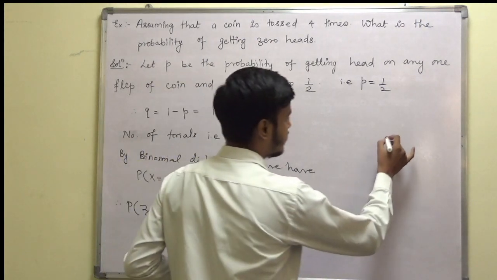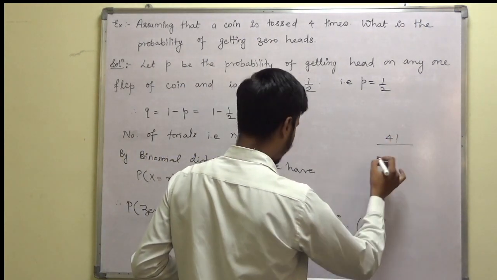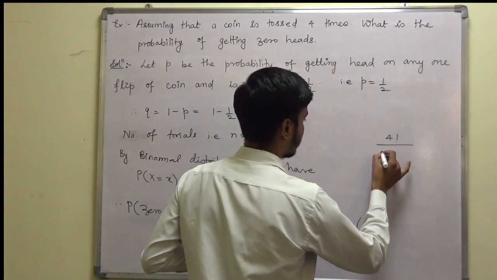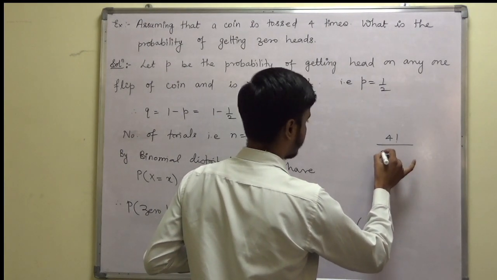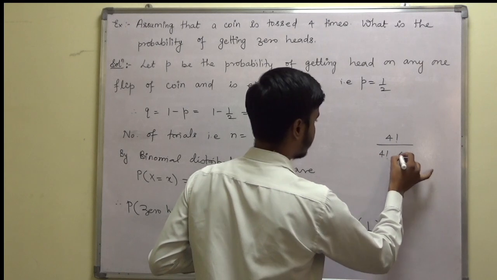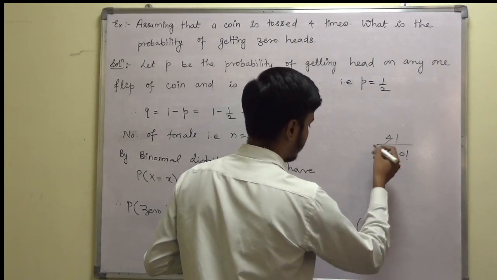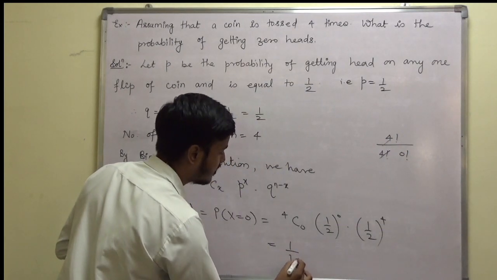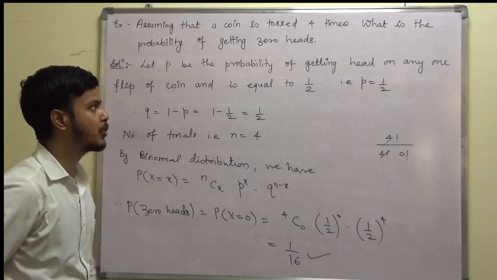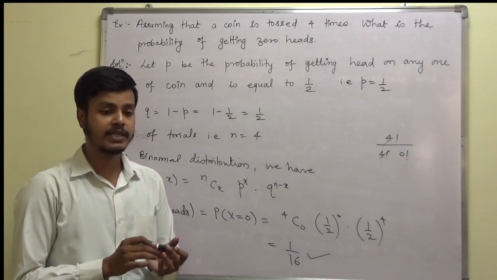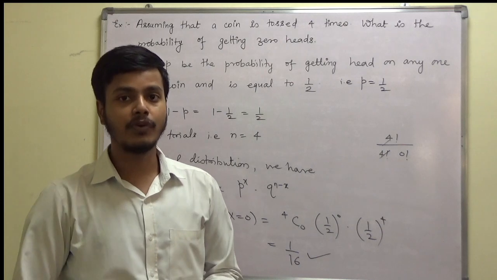What is 4C0? 4 factorial over 4 factorial and 0 factorial. Okay, so this is 1 by 16. So 1 by 16 is the probability of getting 0 heads when a fair coin is tossed 4 times.